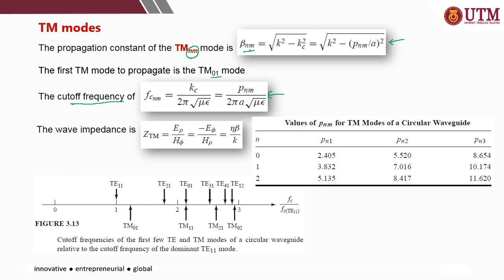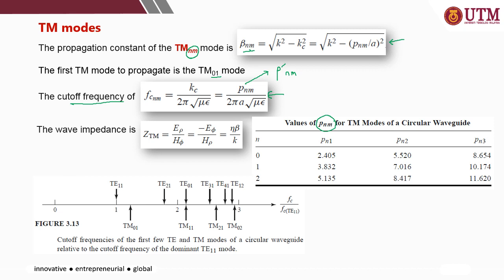If you compare the TE modes and TM modes, for TE modes there will be rho prime NM, but for TM modes it is just rho NM without the prime. Make sure you refer to the correct table when you want to analyze the modes, whether TE or TM.